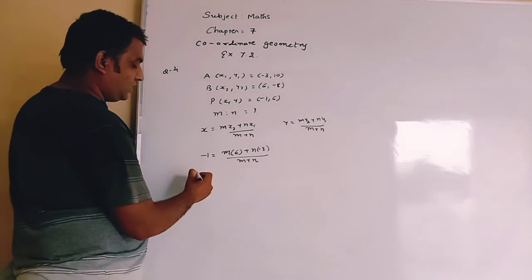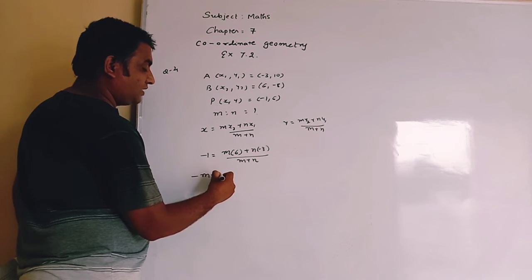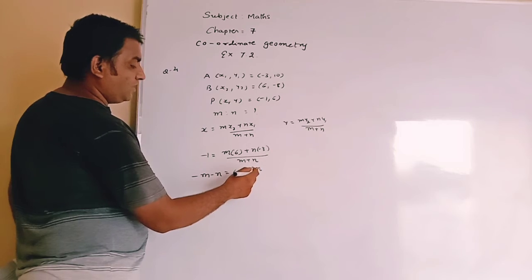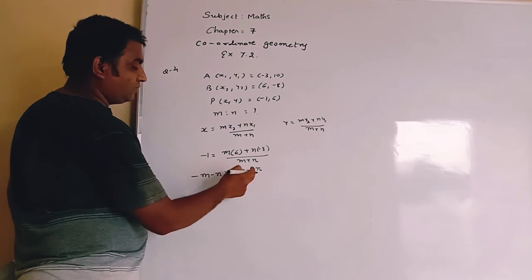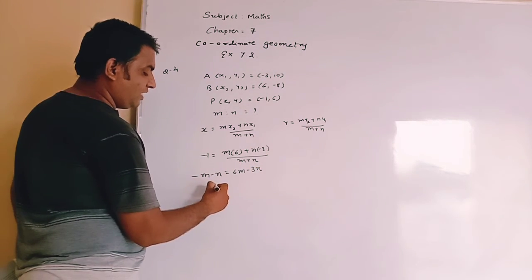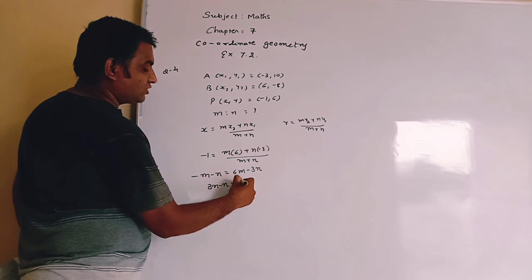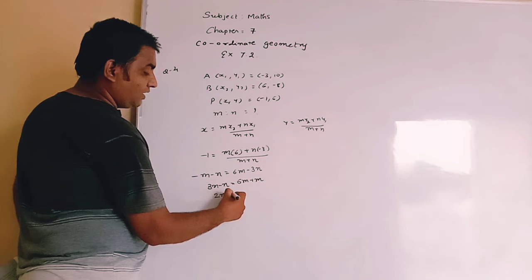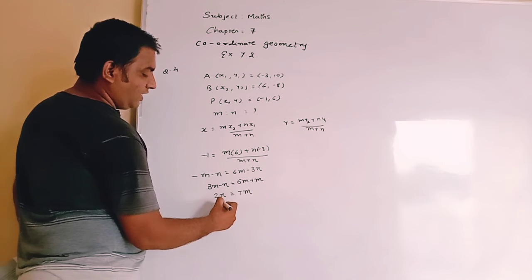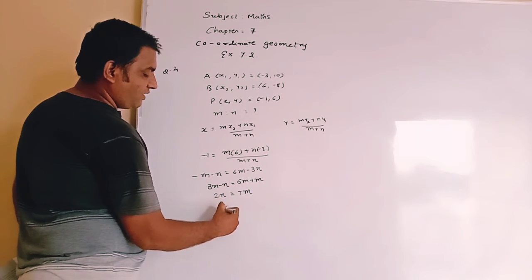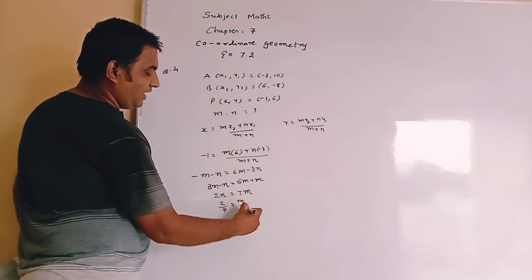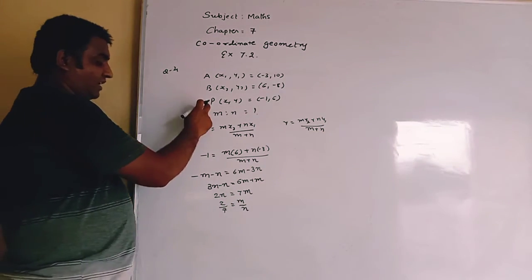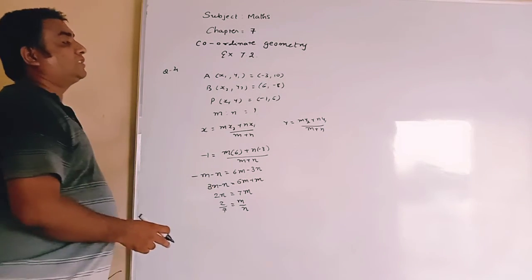So multiplying by m plus n, minus m minus n equals 6m minus 3n. Taking n terms to one side and m terms to the other, 3n minus n equals 6m plus m. So 2n equals 7m, and so m by n equals 2 by 7. So P(x, y) divides AB in the ratio m is to n.